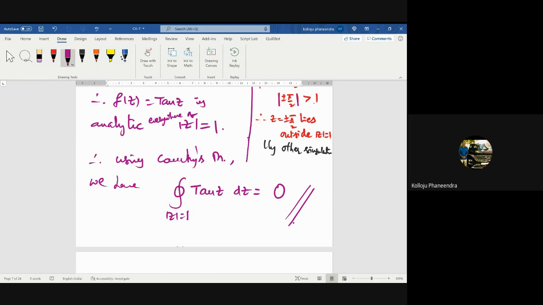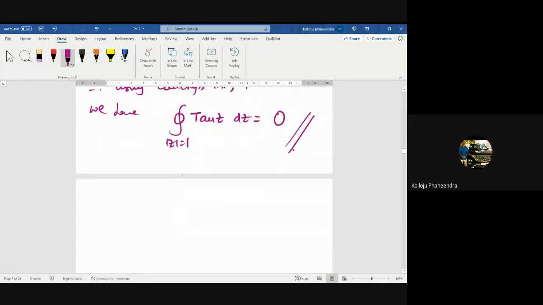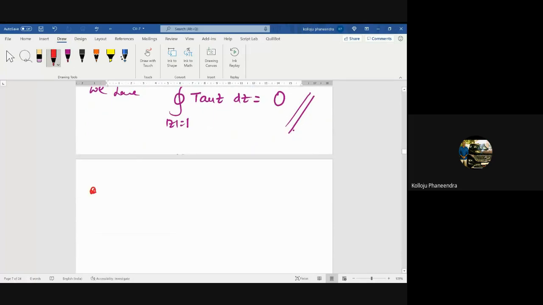Any doubts? Still any doubt? You can see this problem also. Evaluate the integral of e to the power of z by z square plus 9 dz, where C is mod z equal to 2.